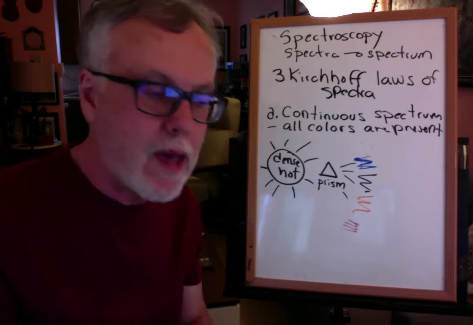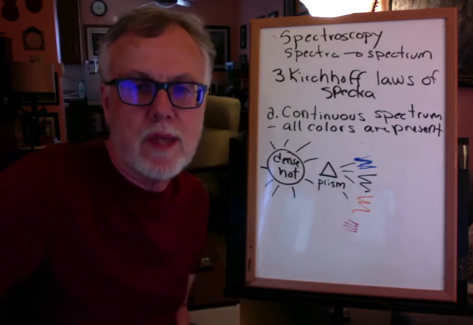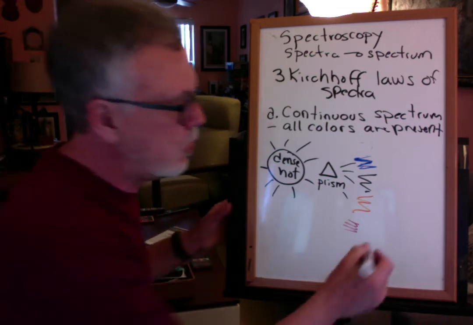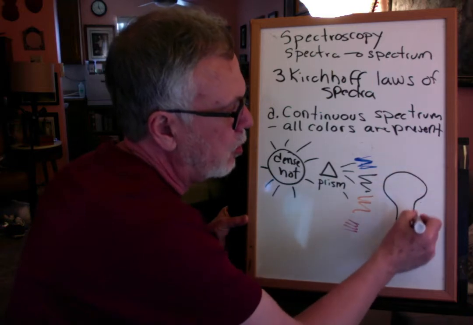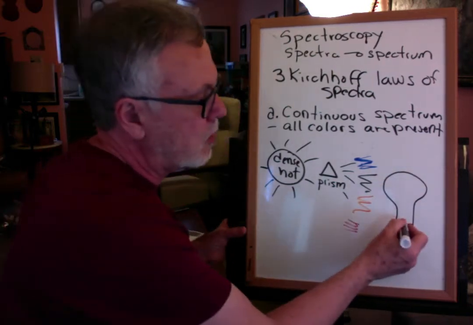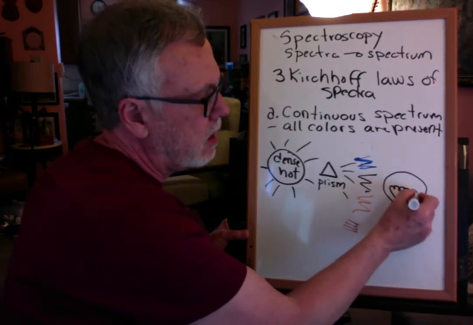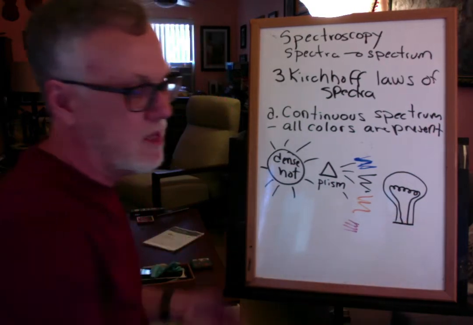Those old-fashioned incandescent light bulbs are a good example of this. What you have in this light bulb is, in a glass globe that is basically evacuated of air, a very hard, dense material. It could be tungsten, a very hard, dense metal.